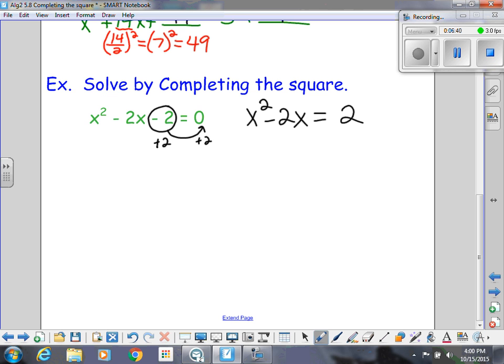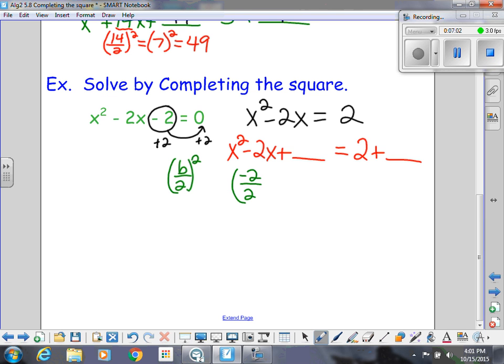Okay, now we have the setup that we were just talking about. So we're trying to figure out what number I have to add to that to make it a perfect square trinomial. And whatever that is, I'm going to be adding it to the other side as well. Okay, so here's what we're going to do: b divided by 2, squared. What's our b? Our b is negative 2.